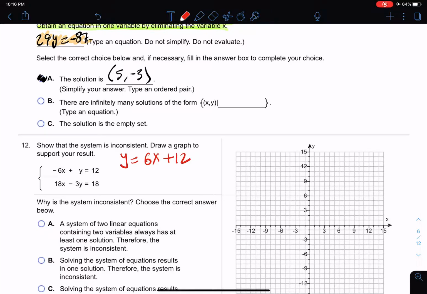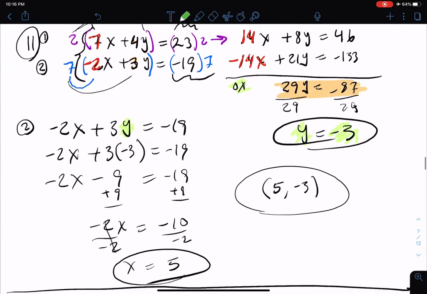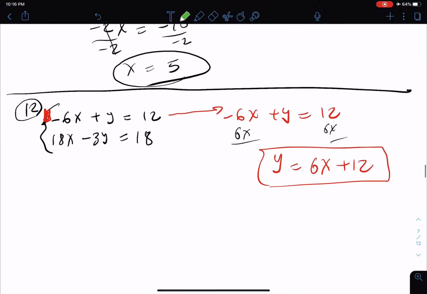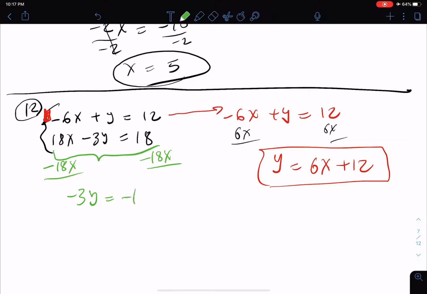Let's get our second equation, that's supposed to be a box, we'll do in green. So we need to take this and solve for y, put it in slope-intercept form. I'm going to subtract 18x from both sides. This gives me negative 3y equals negative 18x plus 18.